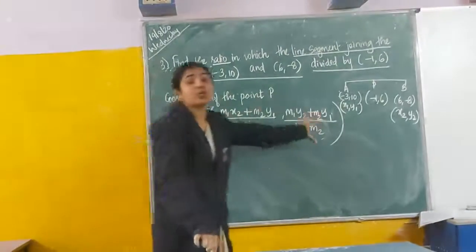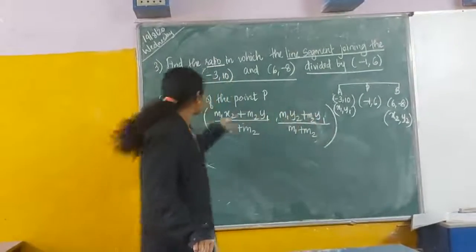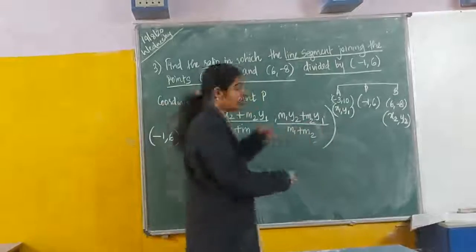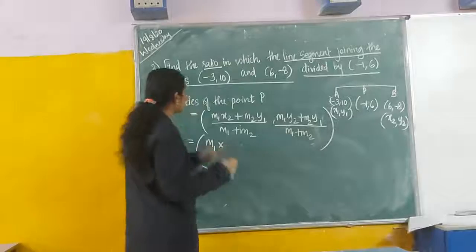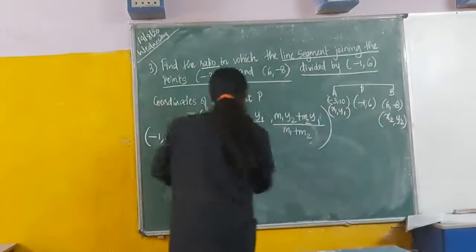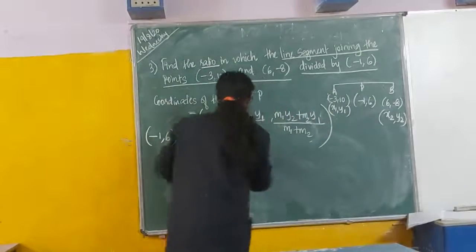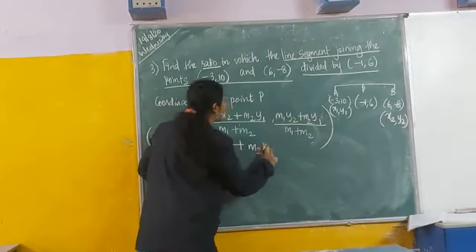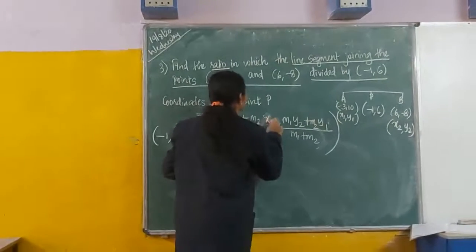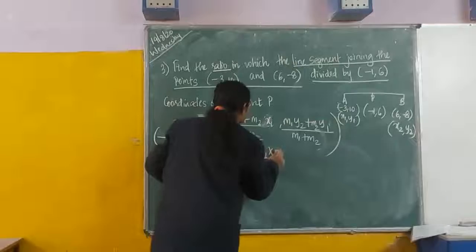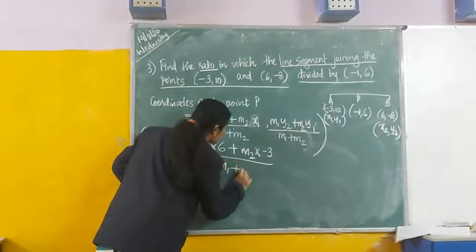Right hand side, in this formula you should substitute all the values they have given. See here, m1 they didn't give. So the answer is m1 into x2, see here 6, plus m2, they didn't give, so as it is, and x1 is minus 3, divided by m1 plus m2.